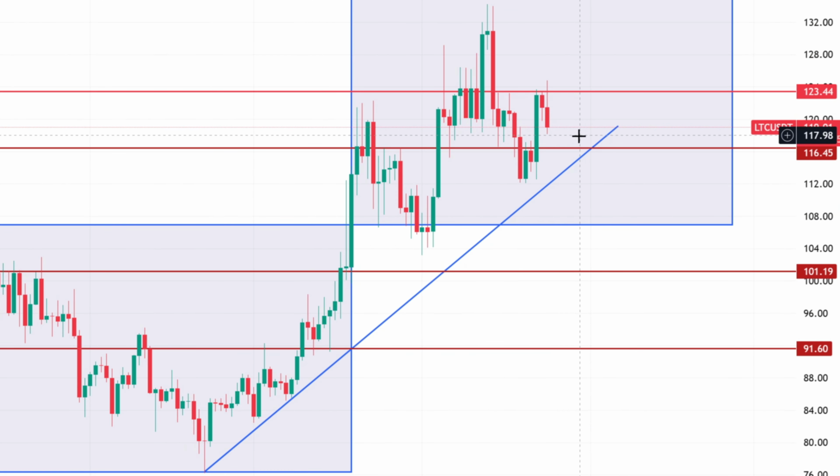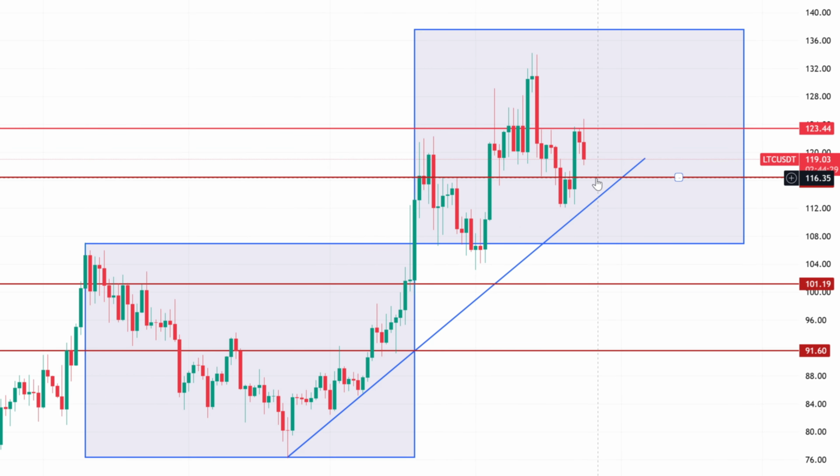But of course we have our support levels right here that we do not want to see broken, because if they get broken, this increases the likelihood for this scenario, and at the same time it will also lower the probability that we will reach our price target of $137 by the 27th of September.